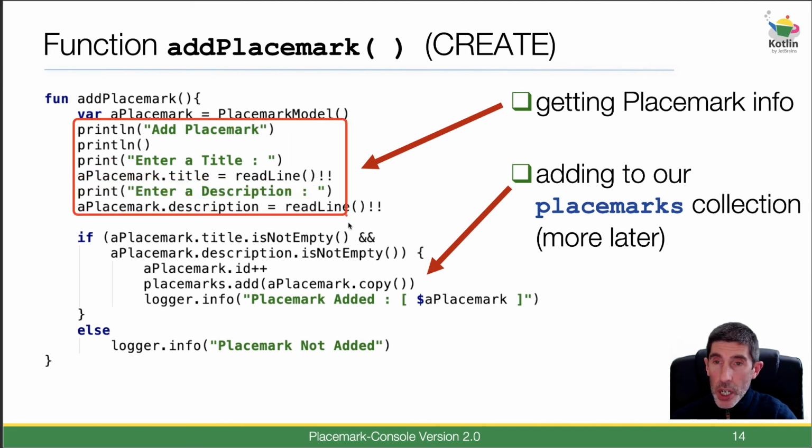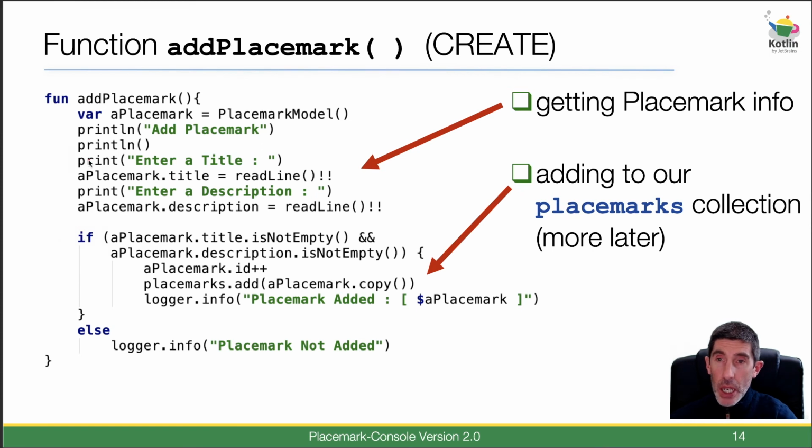So we're saying enter a title, enter a description. If you notice there, we're actually using our null assertion, just in case from our readLine, which is a function that will read a line of input data from the console. If the user happens to hit return without entering anything, that would be null. So we need to identify that yes, a null value could be returned, but we will actually check that later on. We'll see how it works.